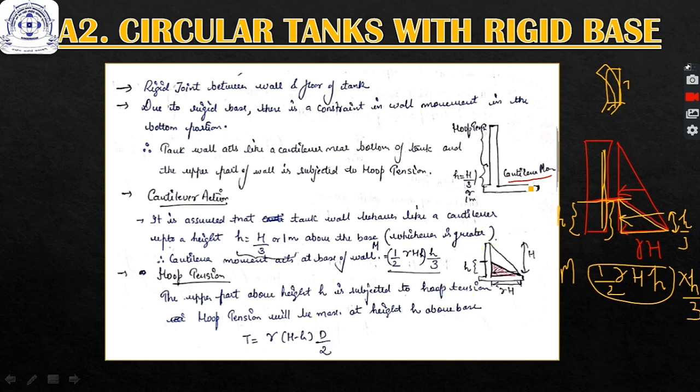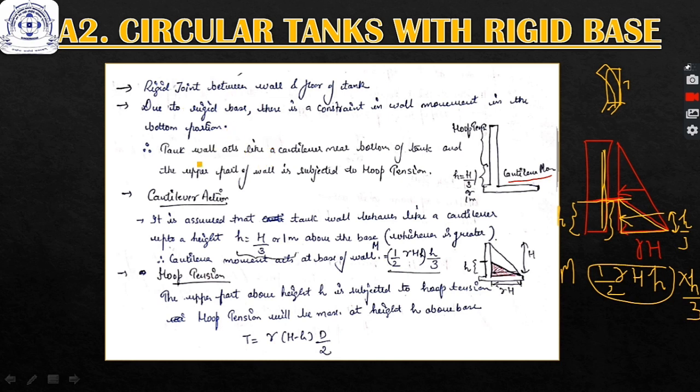Now let us come to the upper portion. This will be almost the same as the previous case which we did, that was for circular tank with flexible base. In the previous case only one type of force was acting on the circular tank wall, that was the direct or hoop tension due to the water pressure.